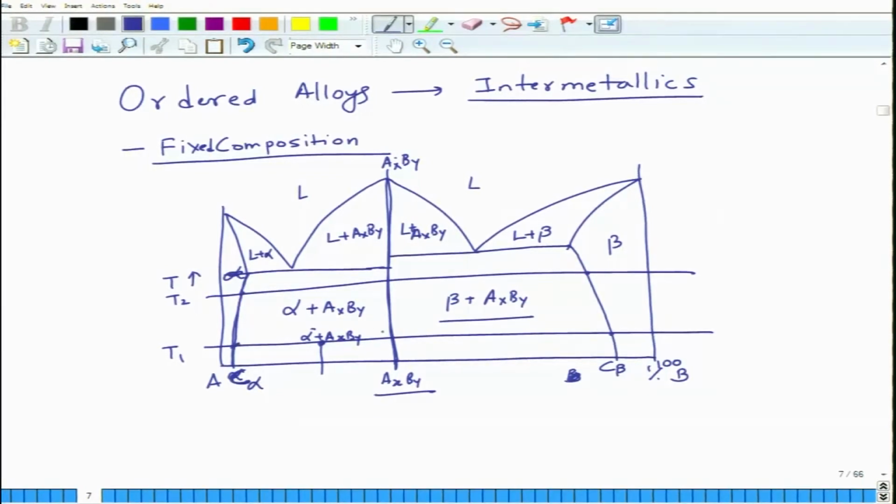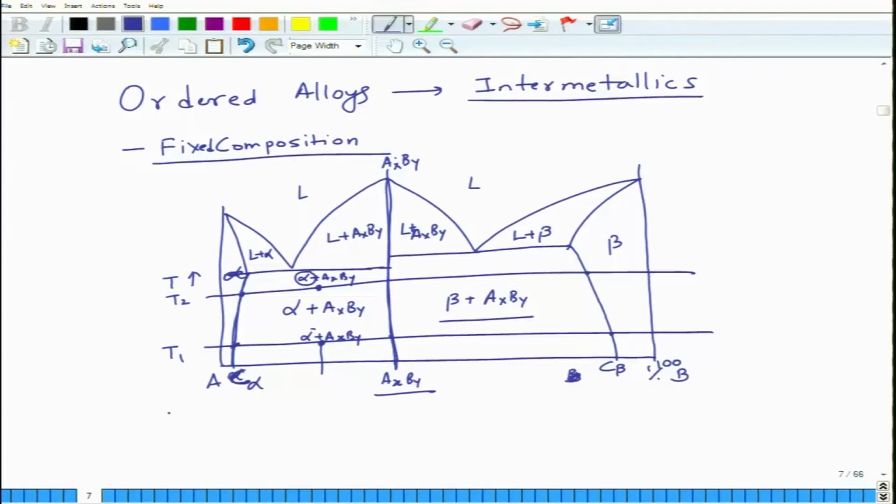When you are at some other composition, you have alpha plus AXBY, alpha of this composition, AXBY of this composition. If you keep the composition fixed and go to this temperature, again you have alpha plus AXBY, but the composition of alpha has changed.